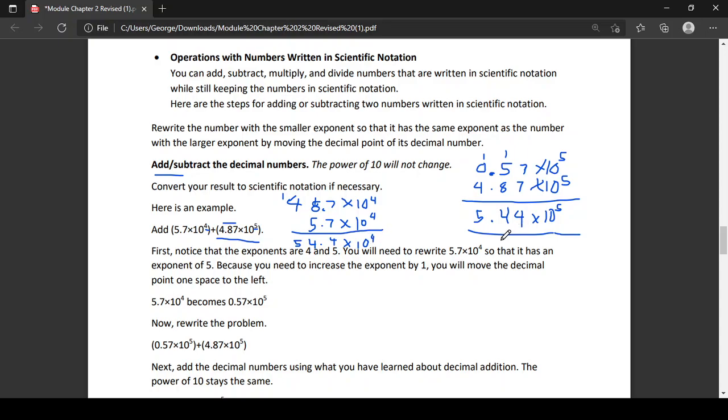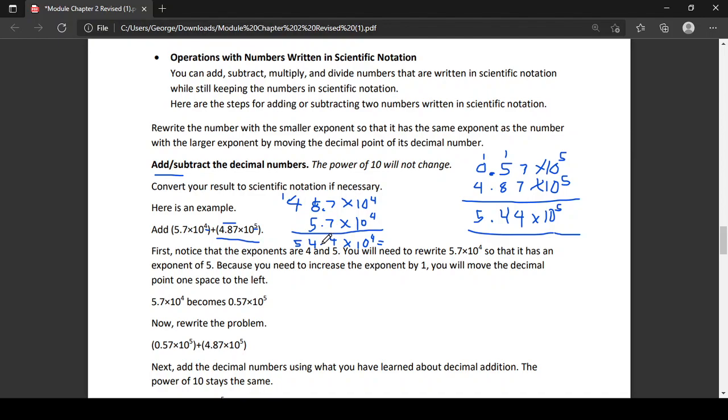Oh, kids, take note. Another rule in our scientific notation: your scientific notation must always be less than 10. Again, your scientific notation must always be less than 10. So, kids, is 54.4 less than 10 or more than 10? More than 10. So what do we do to make it less than 10? Move the decimal point.